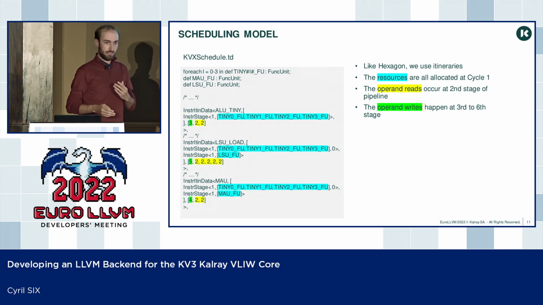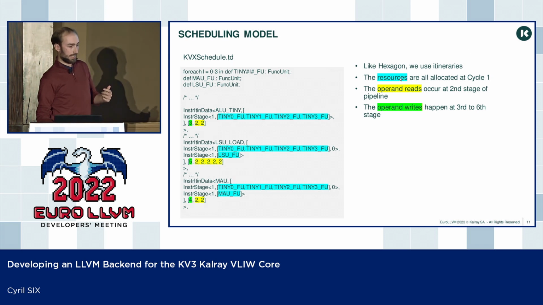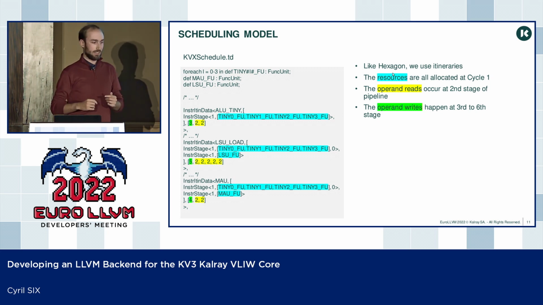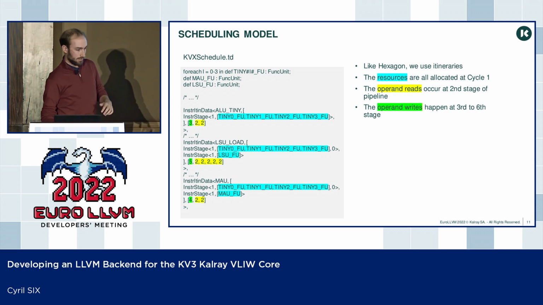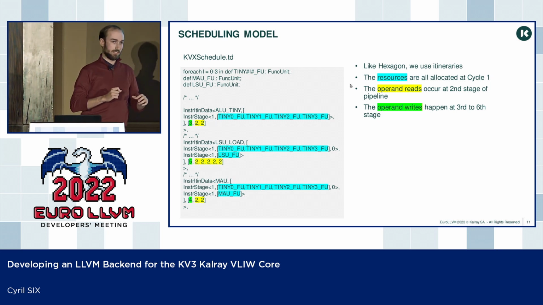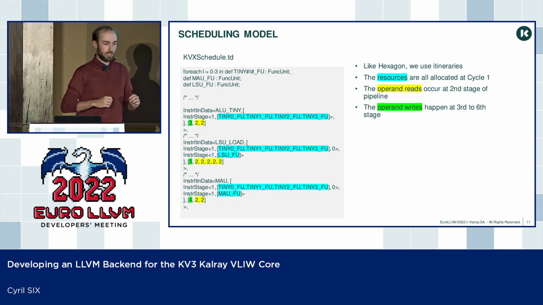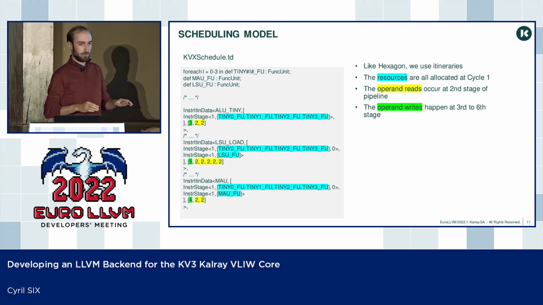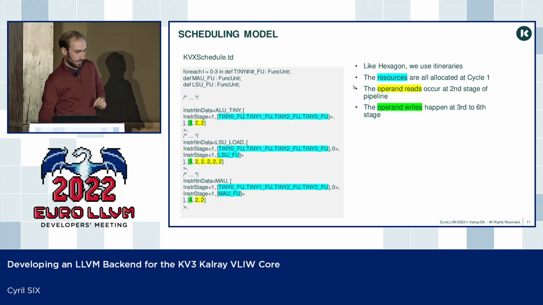For expressing this scheduling, we use it like Hexagon. The Hexagon target is upstream, and it's another VLIW processor. And we did like they did. We're using itineraries, and to model the fact that we are in a VLIW processor, we allocate all the resources at cycle 1, and then we release them immediately.